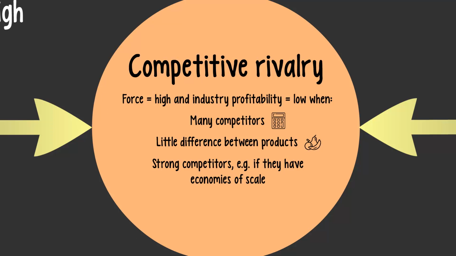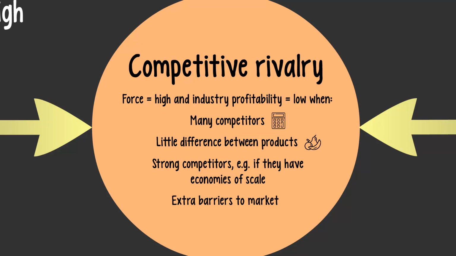And the final force, high force I should say, in competitive rivalry is if there are exit barriers to the market. Now an exit barrier, our prompt says extra barriers to market, but I promise you and assure you that it is exit barriers. Now an exit barrier is if there are high costs of leaving a market.